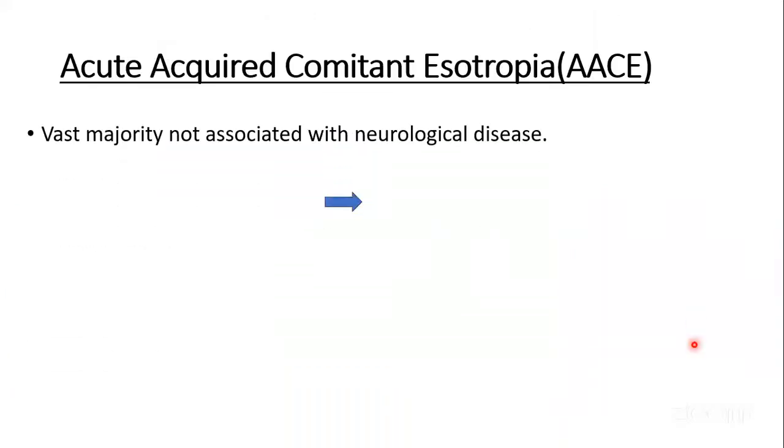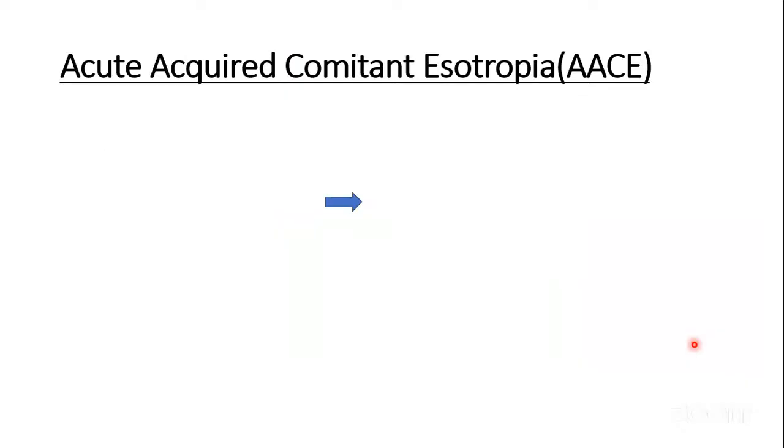There are other types of acute acquired comitant esotropia in the new classifications. Most importantly, in a patient with acute acquired comitant esotropia, what do you need to know about those patients?